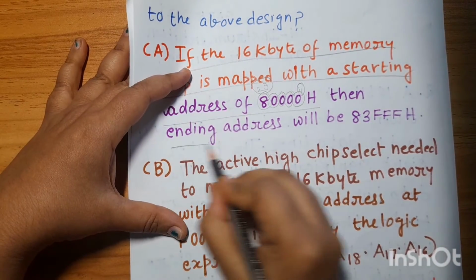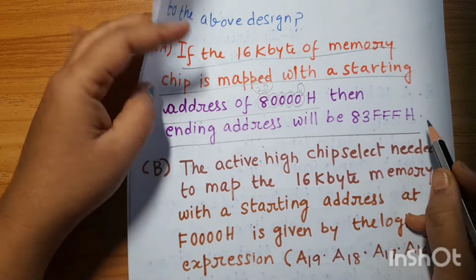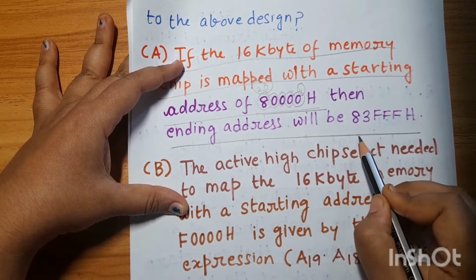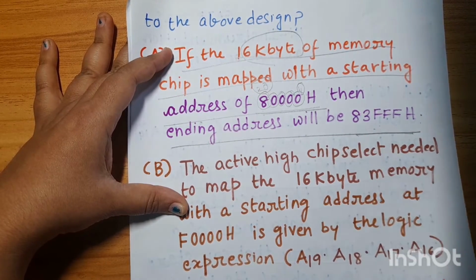Then the ending address is 833FFH. So if the starting is this, ending is this for a 16 kilobyte memory chip.